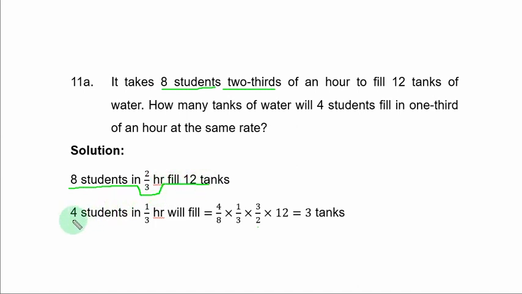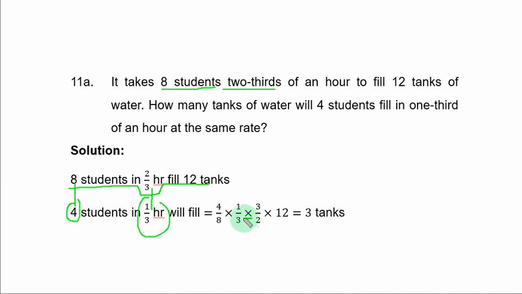So for 4 students, you have 4 students in 1/3 hour will therefore fill 4 divided by 8 times 1/3 divided by 2/3 times 12. So here should be division, but you know in division of fraction, division sign always changes to multiplication.